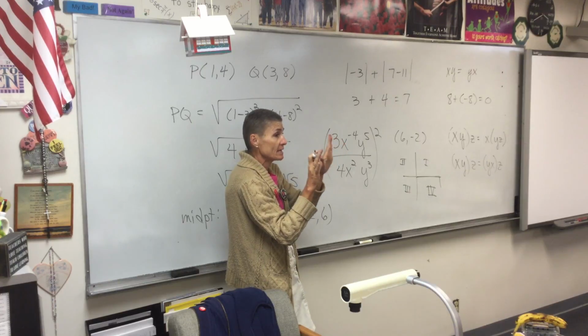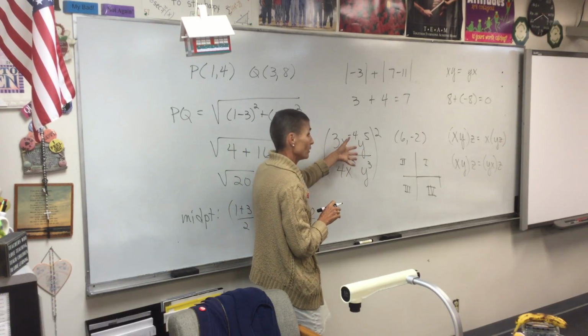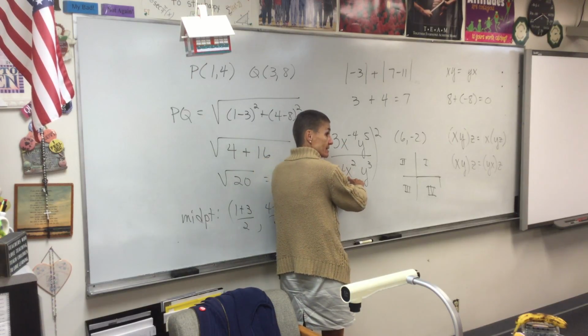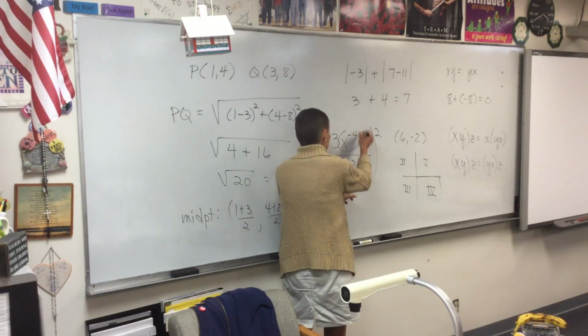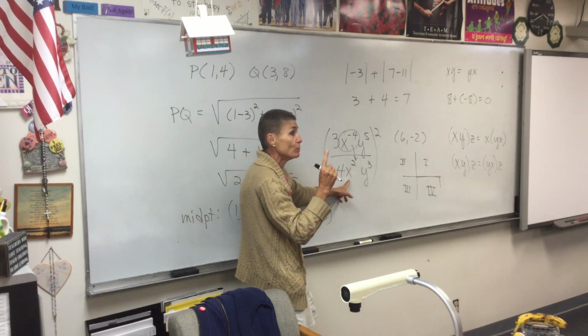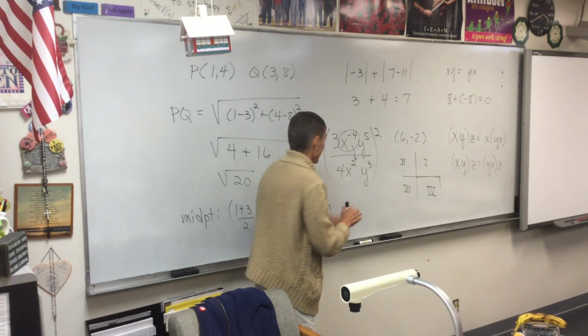The big issue is, we see this negative, and we think we're going to flip our X's. No, this guy stays here. This one has to come down, you are exactly right. That one has to move, but this one doesn't move. He has a positive exponent.